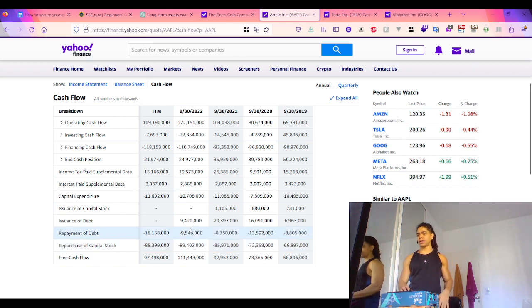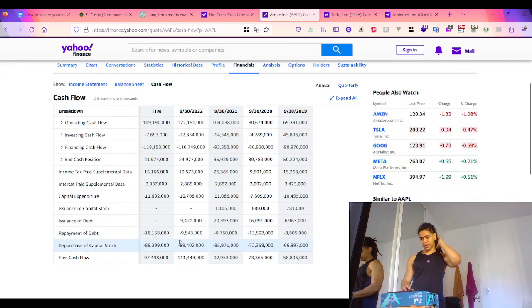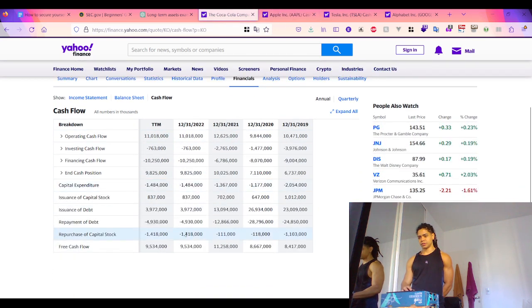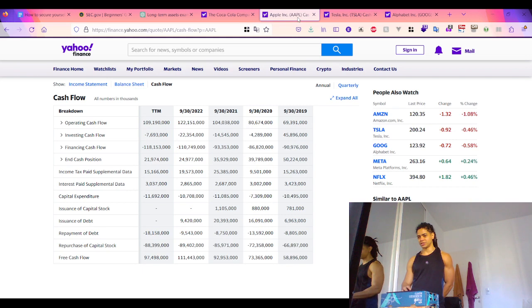Repurchasing their own assets. So in this case, repurchasing their own stocks. Repayment of debt, and repurchase of capital stocks. Interesting. And repurchase of capital stocks, even though Coca-Cola doesn't do that much.